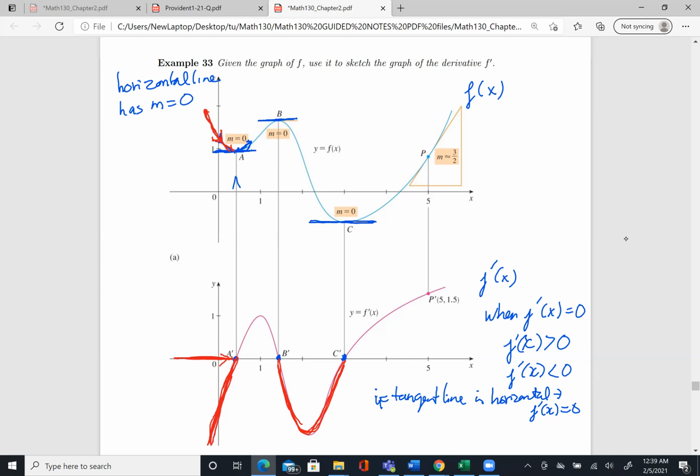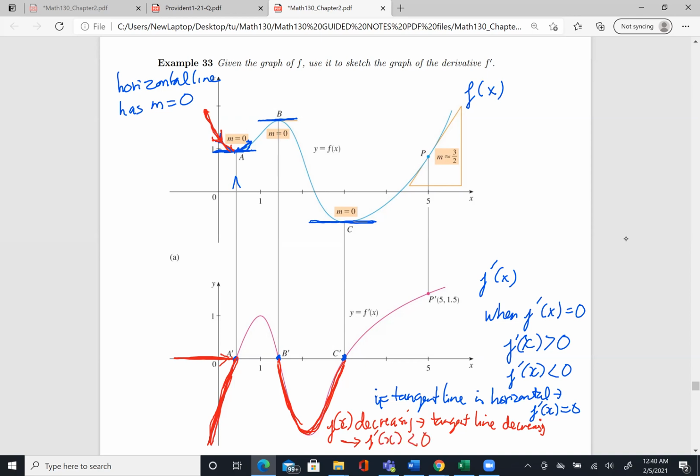Then it makes the tangent line also decreasing. So f of x decreasing makes the tangent line decreasing, and that makes f derivative of x less than 0.